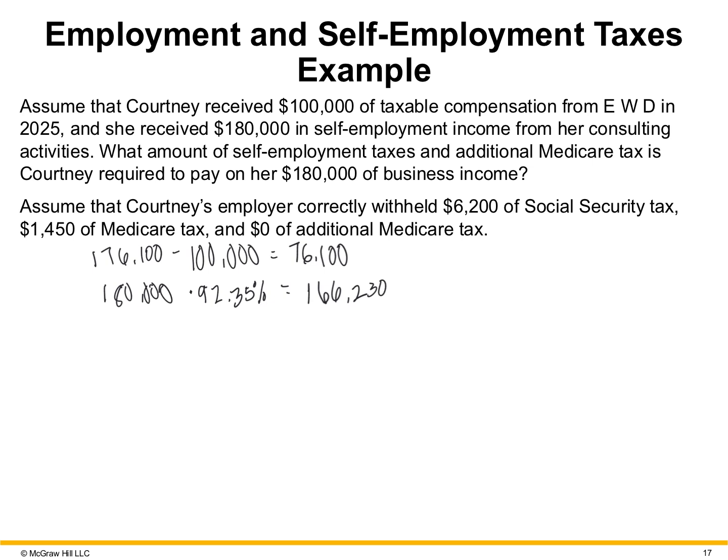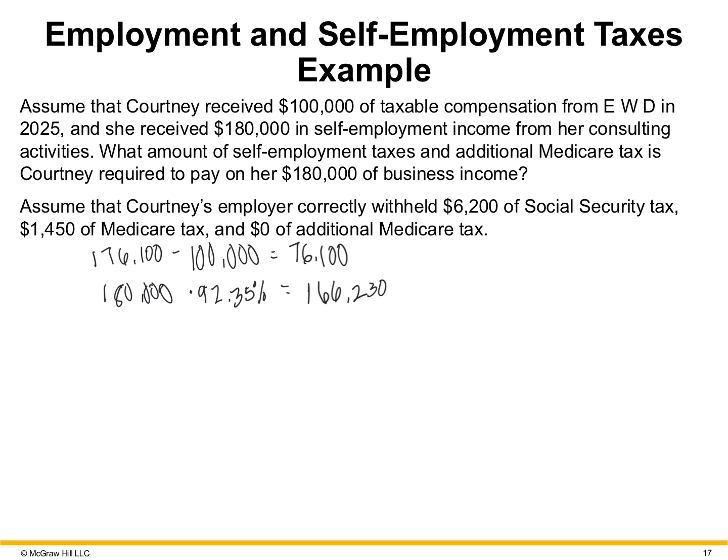So then, to get the Social Security portion of the self-employment tax, we want the smaller number calculated between the taxable employee compensation number and the net earnings from self-employment.